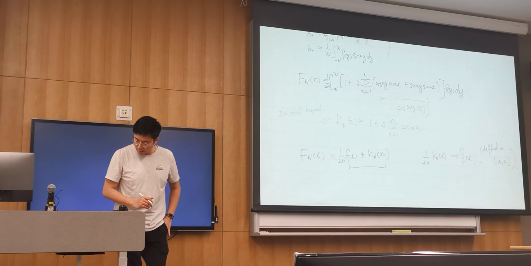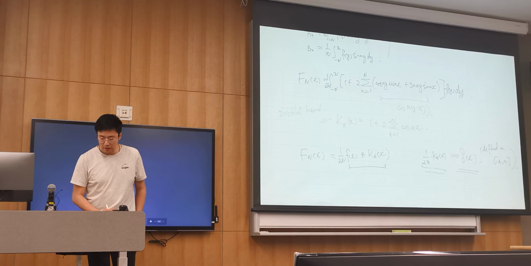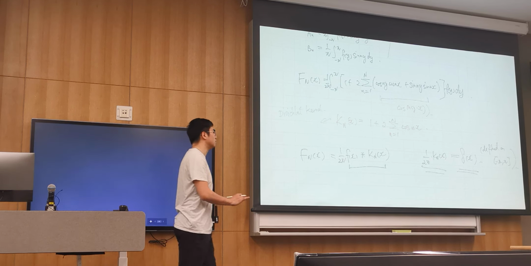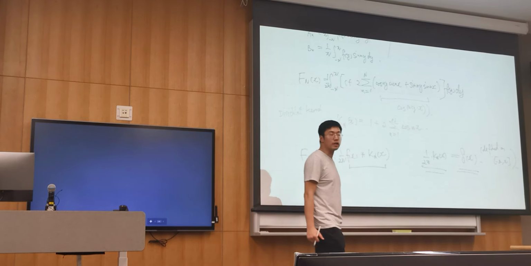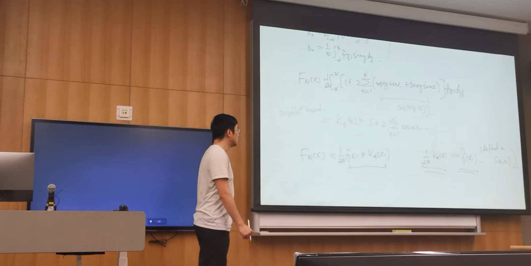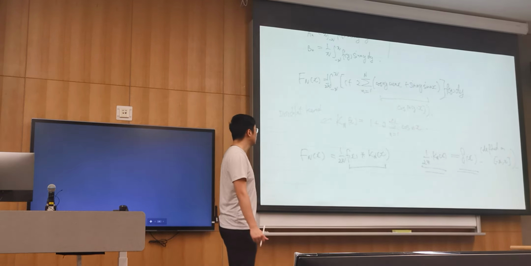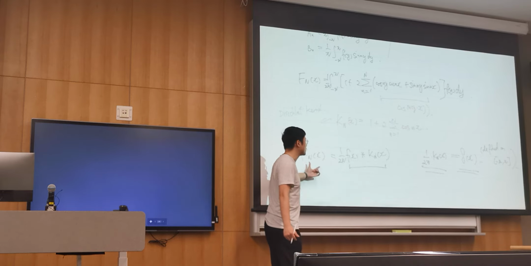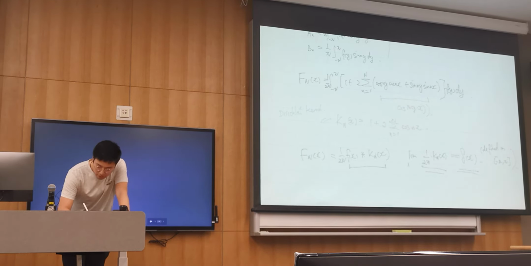And our goal was to show that if we could prove this kernel function is essentially the same as the delta function, then we're done, because anything convolved with the delta function is exactly the same. This is not equal to, but the limit when N goes to infinity.